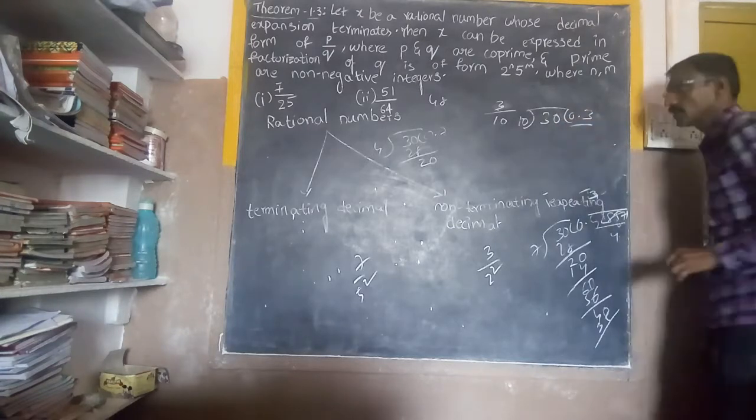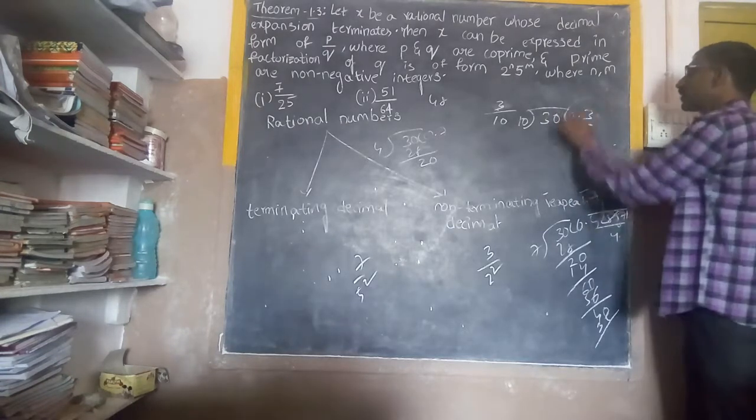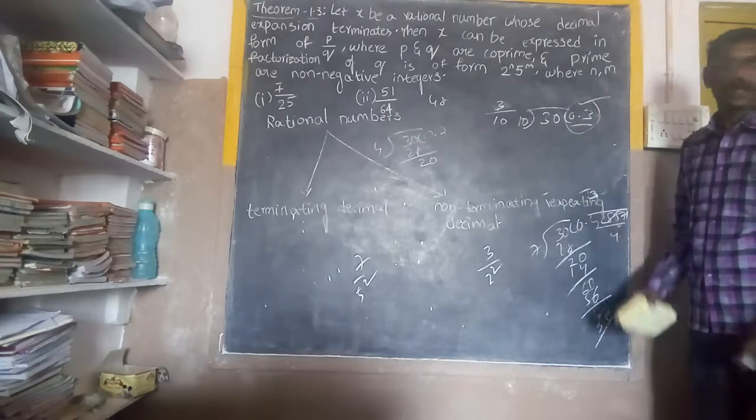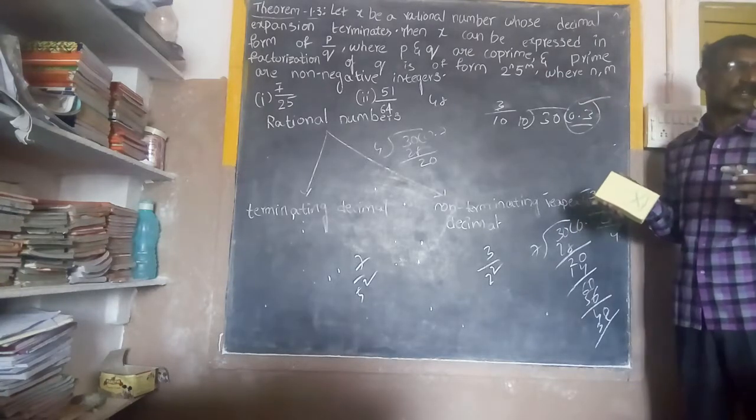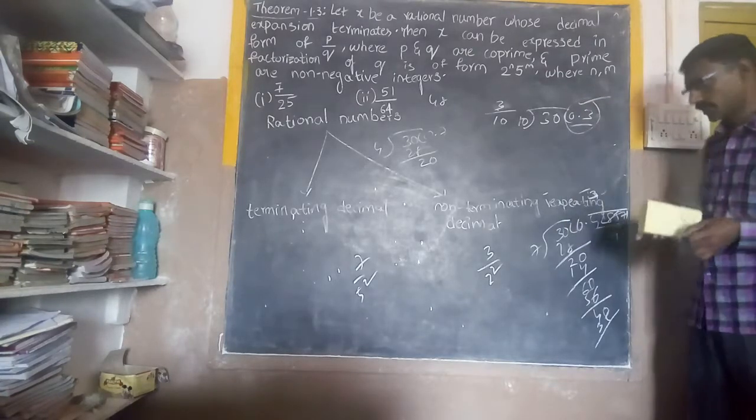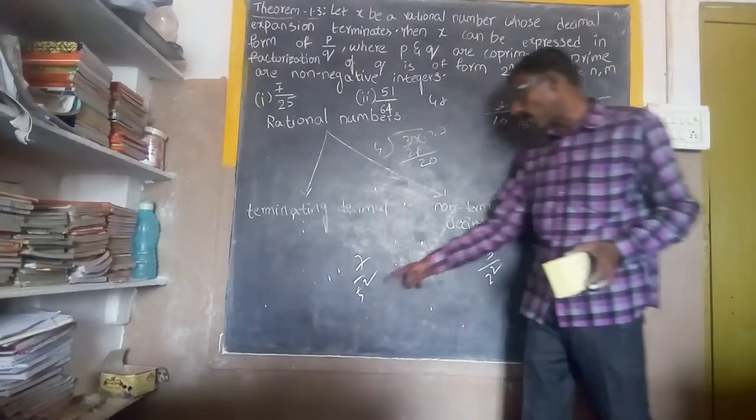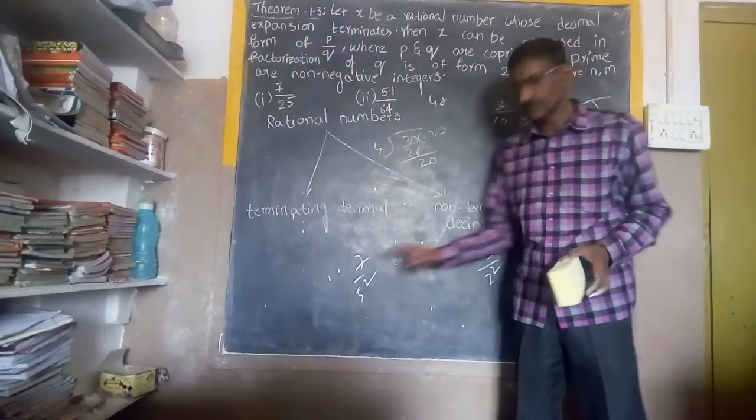How many times? 3 times. Again it is a terminating decimal.